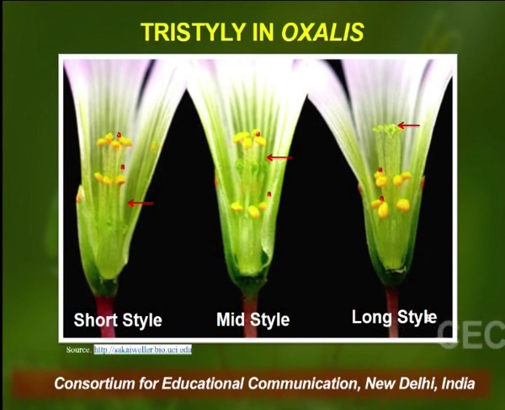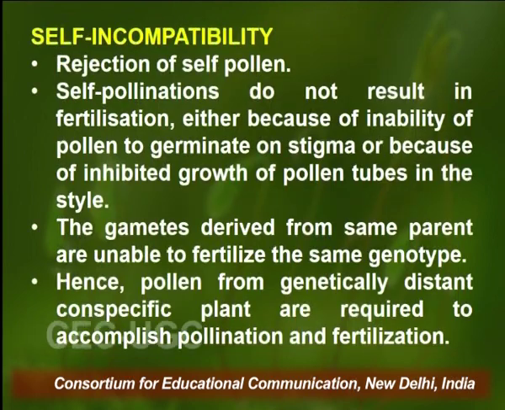In the third one, which is the long style condition, the elongation of the style makes the stigma occupy the topmost position, and the lower 2 levels are occupied by 2 whorls of anthers, right.